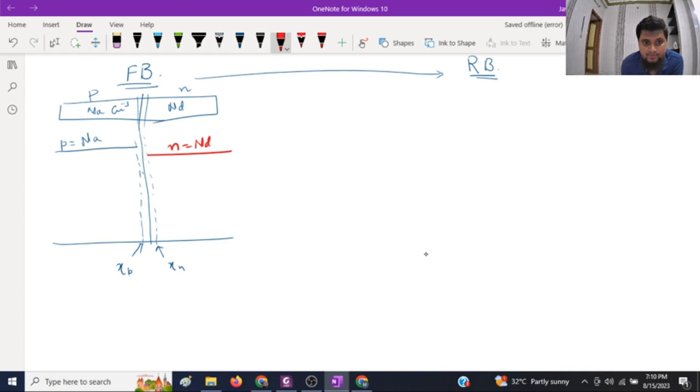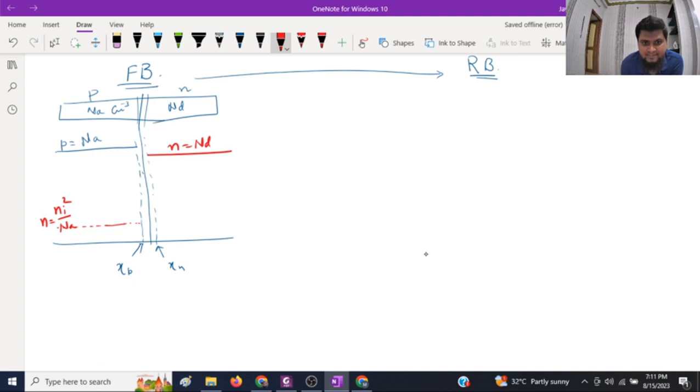Right. What will be the minority carriers on this P side? N will be equal to Ni square divided by Na in case of thermal equilibrium, not in powered bias.